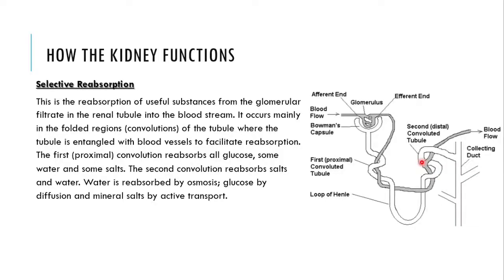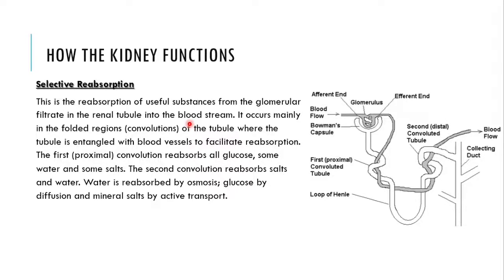So as you can see, urea is not reabsorbed at either of these two points. It's not reabsorbed because it's not useful. Only useful substances are reabsorbed, like glucose, water, and mineral salts. These are the useful substances that are reabsorbed, as the definition says.